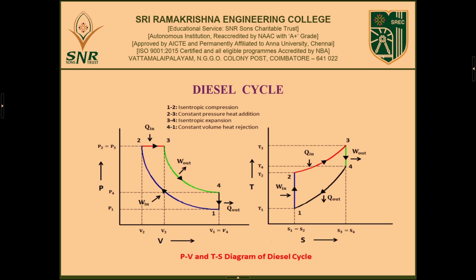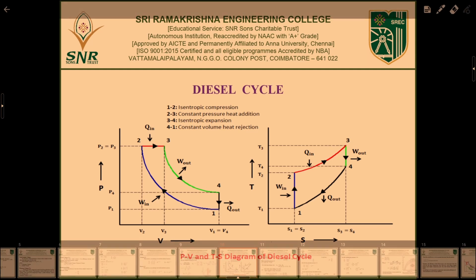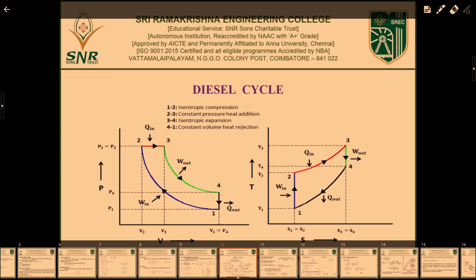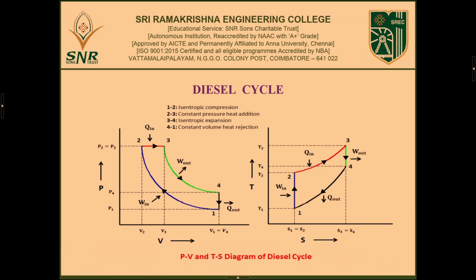In this lecture, look at this: V1 is equal to V4, because the heat rejection takes place at constant volume. 1 to 2 is the isentropic compression, whose other name is reversible adiabatic.